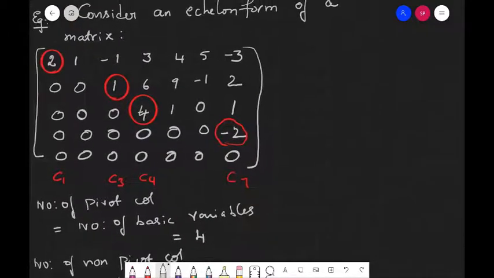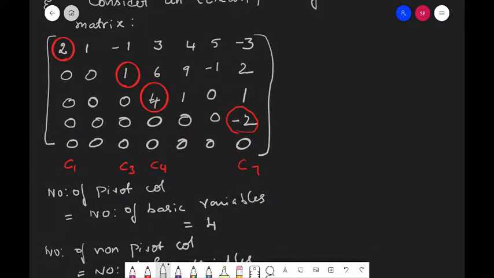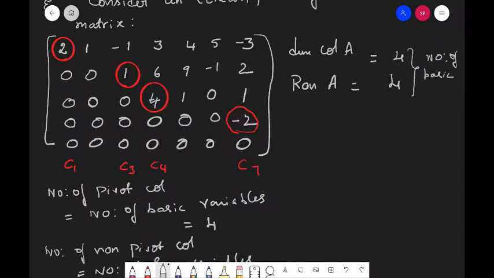From this, I will first write dimension column A. So immediately number of pivot columns 4, then implies the rank of A, that is also equal to 4, which is equal to number of basic variables. These two are equal to number of basic variables, and then dimension of this is rank.